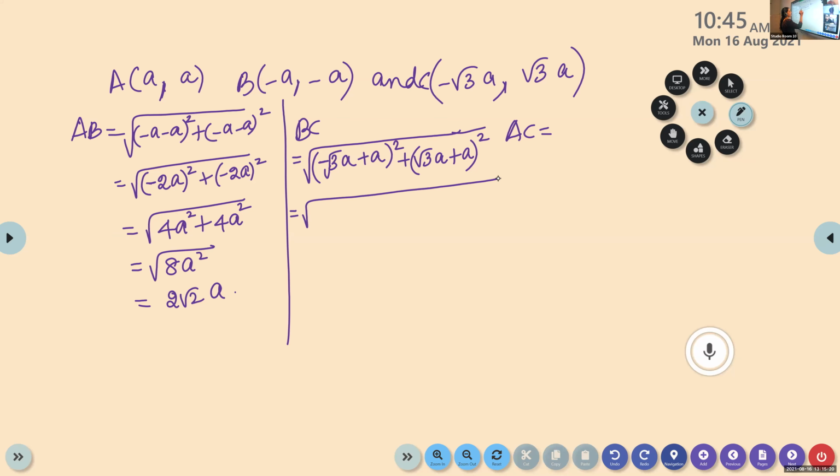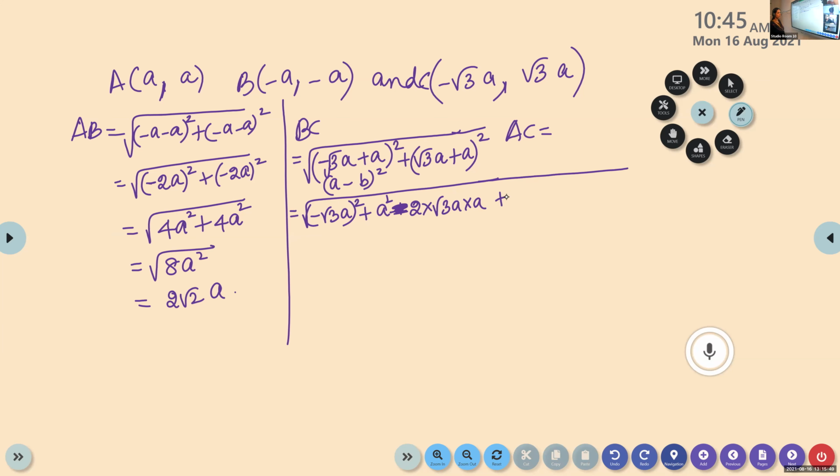Okay, if you look at the first term, it takes the form a minus b the whole square, isn't it? One term is positive, the other term is negative. So it is a minus b the whole square: a square plus b square minus 2ab. So instead of plus here, it is minus 2 into root 3a into a.